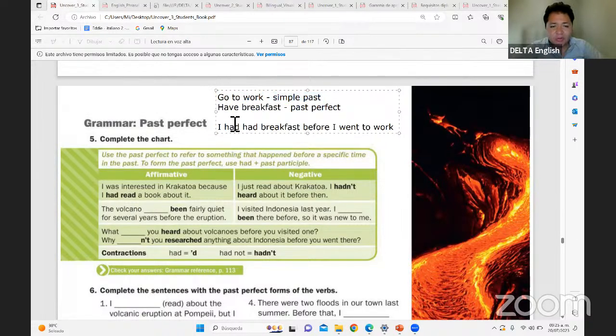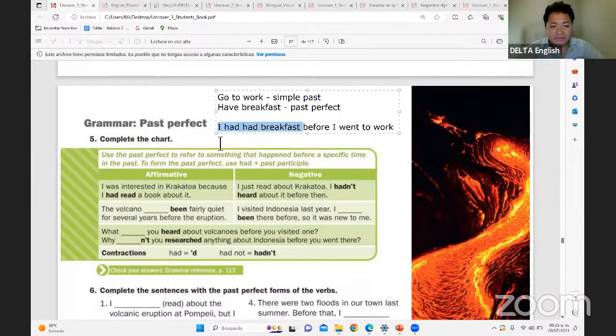So in this case, both sentences, now if you separate the sentences before, right? Entonces nos damos cuenta que tengo una oración antes y después de la palabra before, right? Es decir, esta es una oración, pero en realidad es una oración compuesta porque está compuesta de otras dos oraciones simples, right? So in this case, we have one sentence before, una sentence antes de before, right?